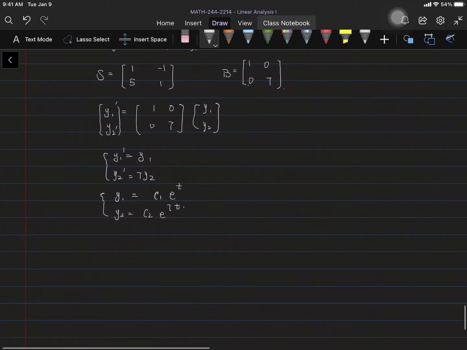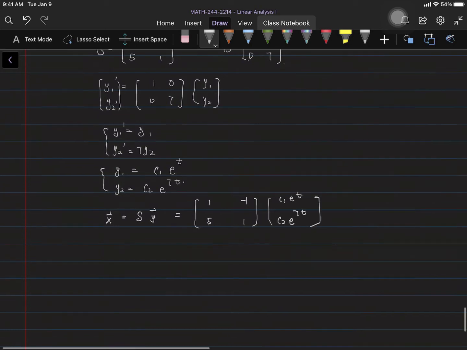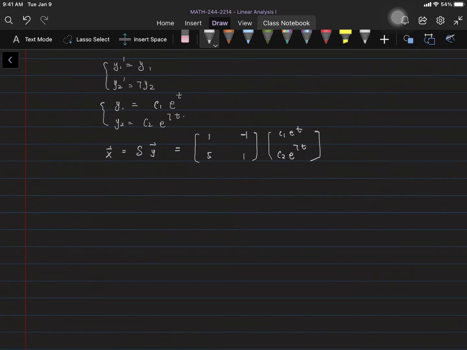Right? Here we get the solution y, but this is not our final solution. Our final solution should be S times y. So what is S? (1, 5) and (negative 1, 1) times y, which is c1 e to the t, c2 e to the 7t. Just do the product.